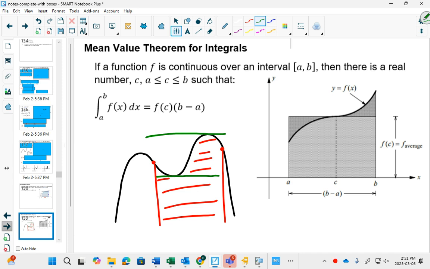Since this is bounded below, we know that it has to be somewhere in between here and here. And since our graph is continuous, there's going to be a point somewhere along the lines where, maybe it's here, this little area here that didn't get counted fills in this area there, and it works out perfectly. And it's like the mean value theorem that we've done before, but now it's the mean value for integrals.